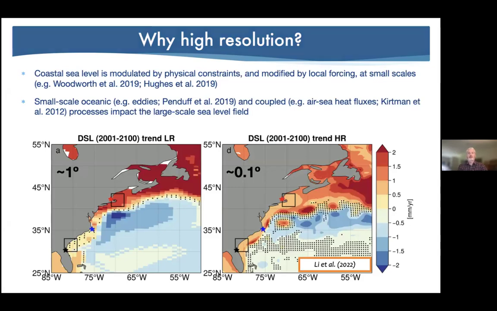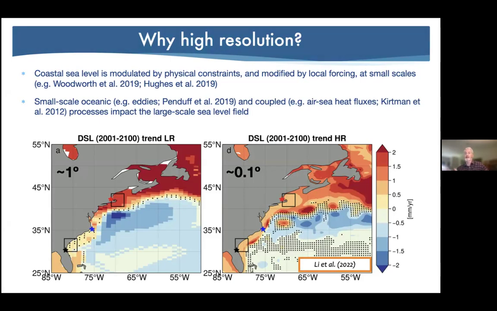So then the next question is, why is high resolution important? And maybe this audience is already familiar enough with the importance of high resolution in coastal sea level, but I just want to highlight a couple key points. The first is that when you get to the coastlines, you have physical constraints such as coastline morphology and bathymetry that can really influence the sea level field and the propagation of sea level signals from the open ocean.